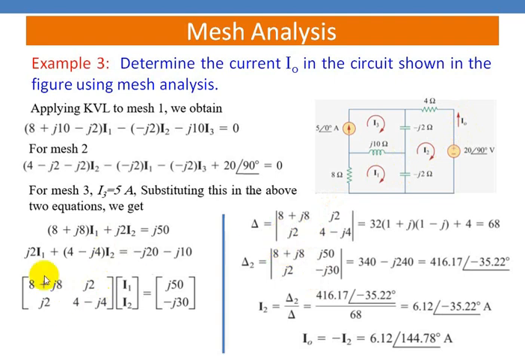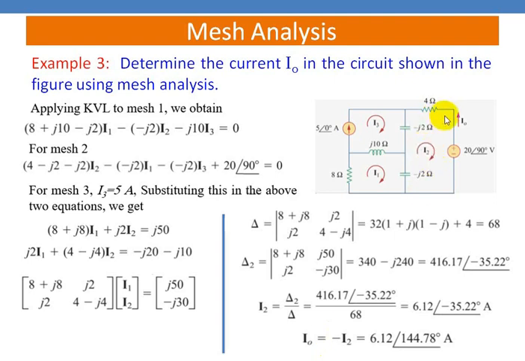Del is the determinant of this matrix, and del 2 is obtained when you replace these two elements by these two elements. Now you find out the determinant. This is del 2, so I2 is del 2 by del. Now you will get this value as 6.12 at an angle minus 35.22 degrees. Now you have to find out I0, so you see the current direction.